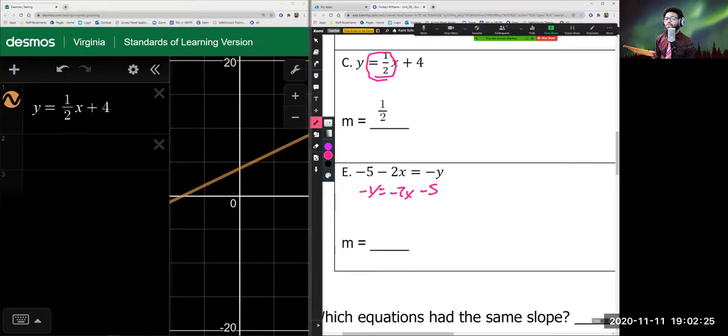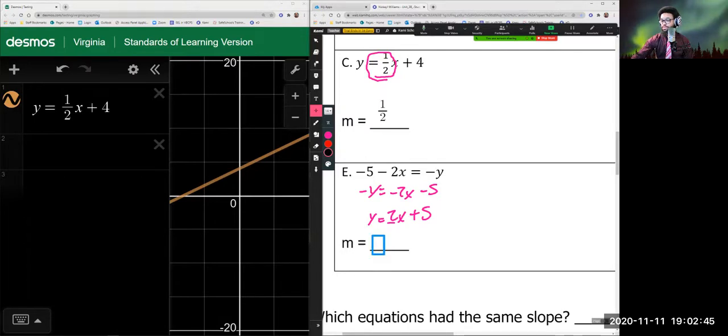This has a negative y right here, so this is being multiplied by a -1, so we can divide by a negative instead of writing that out. We can just flip all these signs. Y equals 2x plus 5. And now what we have is this m right here, and our number next to x is this 2. So our slope on this side is going to be 2, okay?